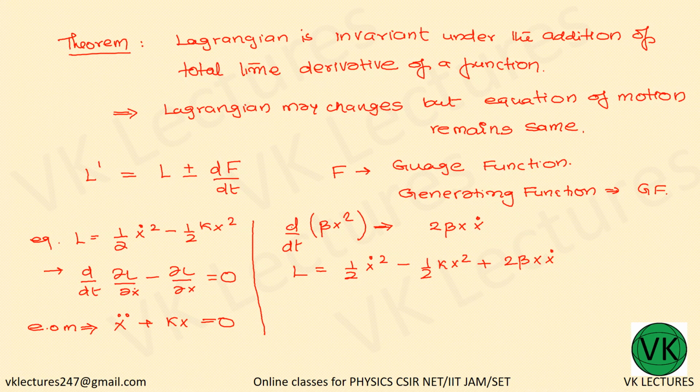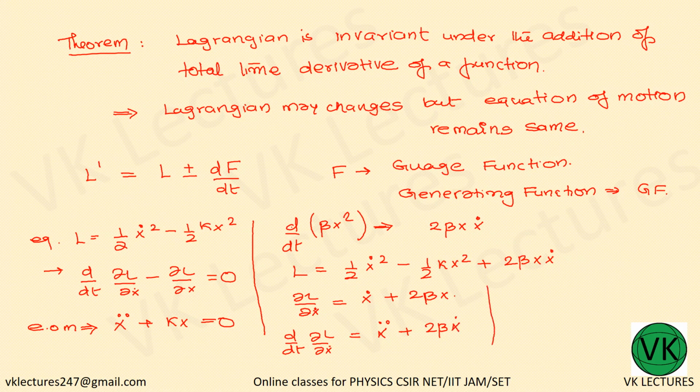Then dou L by dou x dot is equal to x dot plus 2 beta x. Then d by dt of dou L by dou x dot is equal to x double dot plus 2 beta x dot.